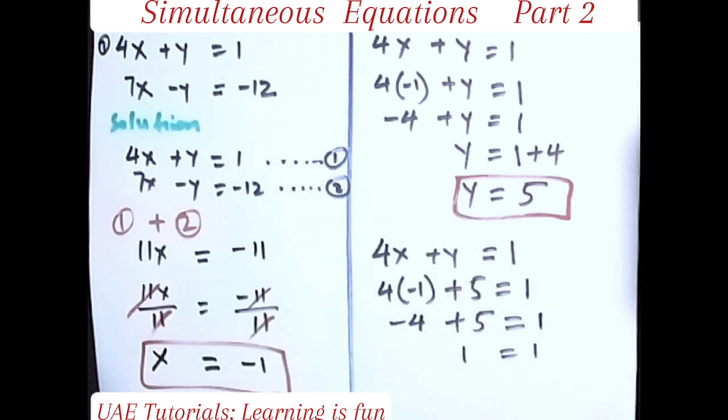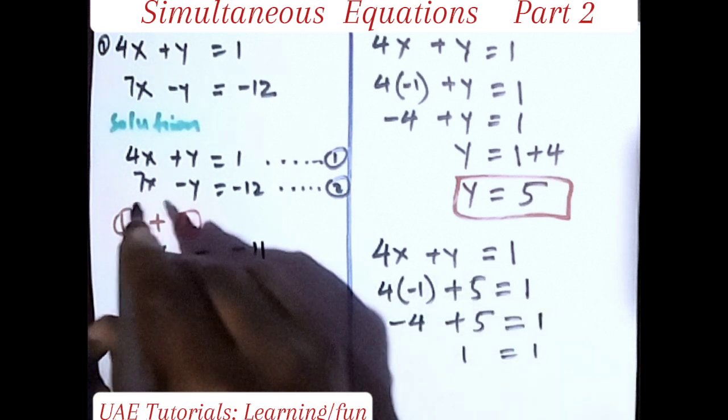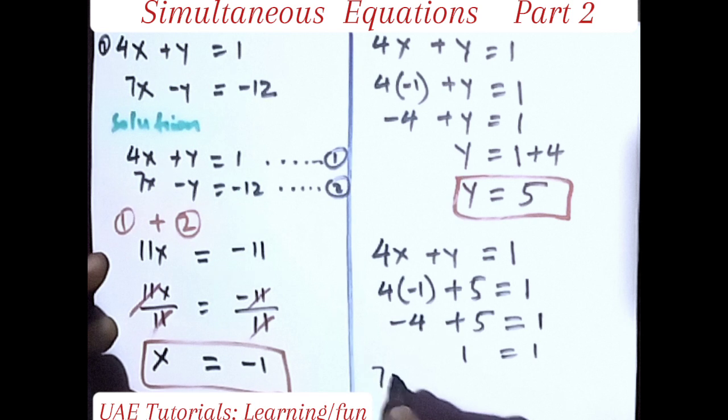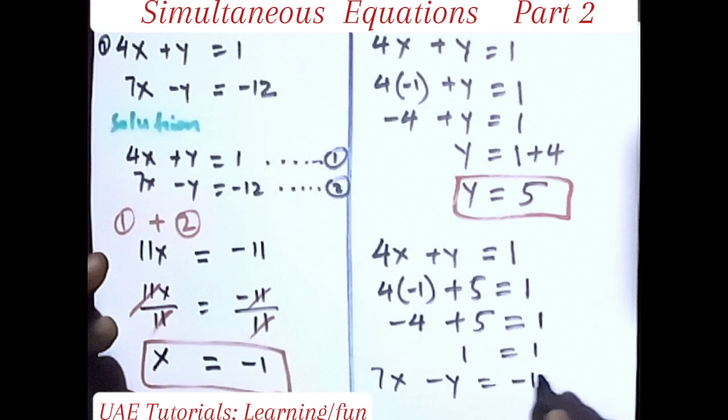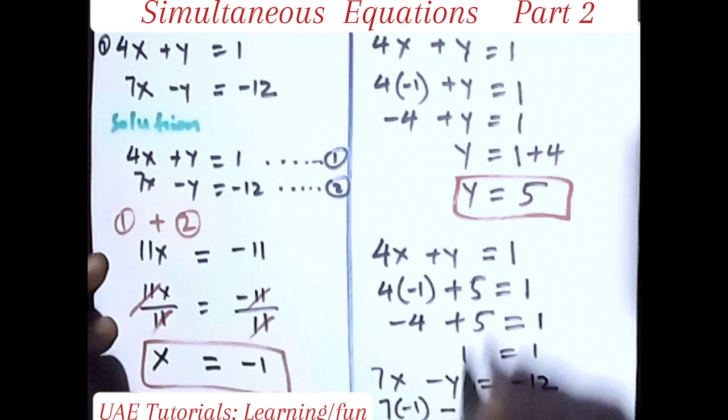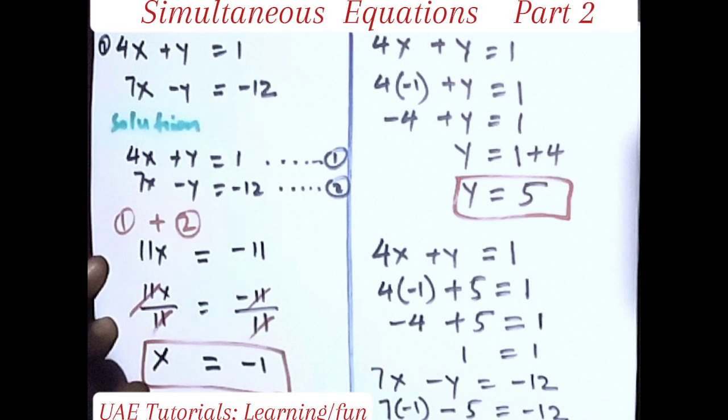But do the two values also satisfy the second equation? Because in a simultaneous equation, the answers you get must satisfy the two equations. Now the second one is 7x minus y equals minus 12. Where I see x, I put minus 1, and y is 5. Does that give me minus 12? All right.